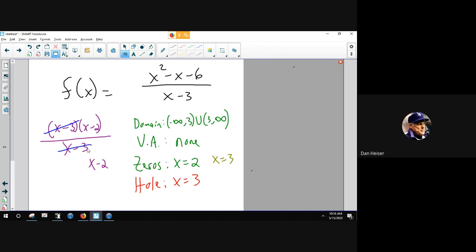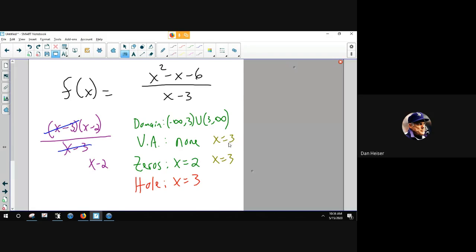Let's find vertical asymptotes. X equals 3. And notice the problem. We have a vertical asymptote, a number that x can't equal, and we have the same number being a 0. In other words, if I plug 3 in for x, I get y equals 0. I get f of x equals 0.